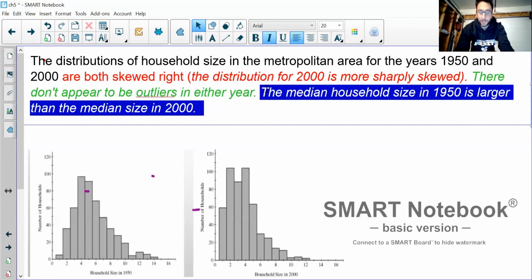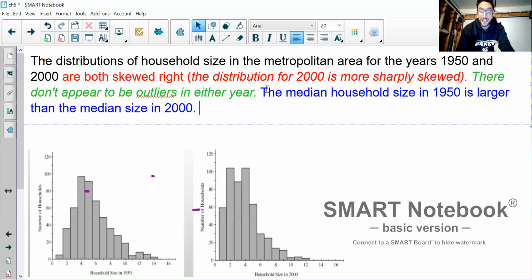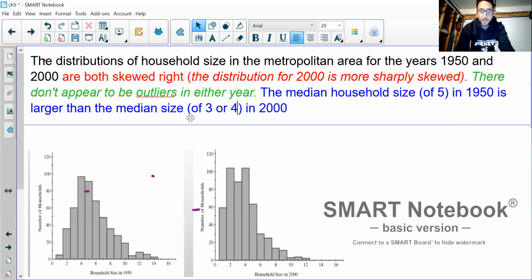And here you can see what I was referencing earlier: I did not use any numbers. I could say the median household size of 5 in 1950, ooh, f of 5, the good old algebra days, is larger than the median size of 3 or 4 in 2000. But again, I don't need these numbers. So we'll throw those in italics because that's kind of optional. It's all about the comparative language.